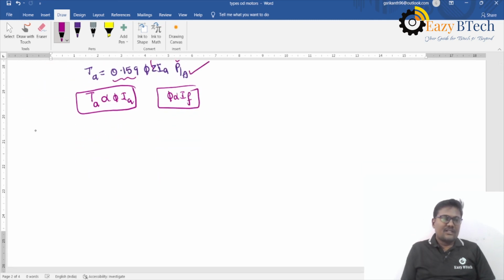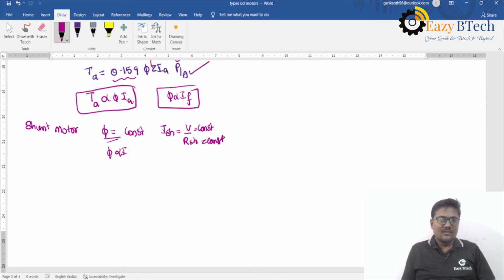If you go for the shunt motor, flux is constant. Why? Because the shunt current V by RSH, supply voltage is constant, RSH is also constant, and the flux is also constant because phi is directly proportional to ISH. Then armature torque is directly proportional to IA.